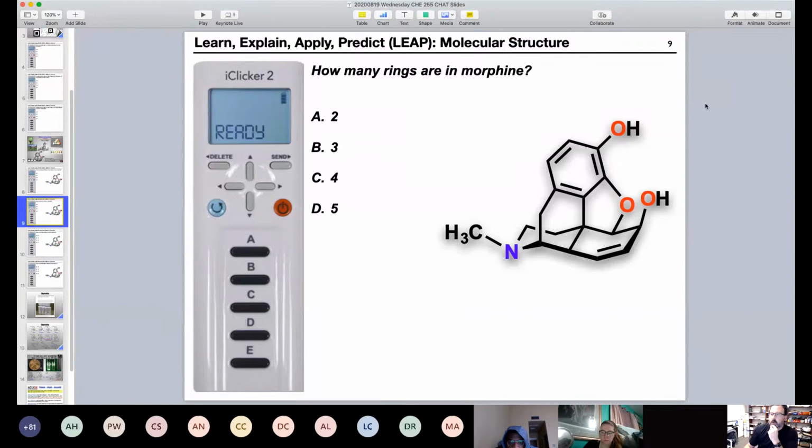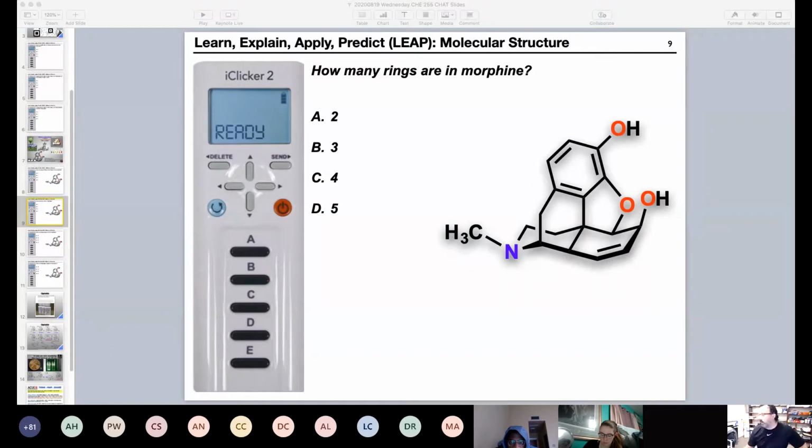Remember, we already mentioned that there are sigma bonds and pi bonds. I see a couple of answers show up. So basically, an sp3 hybridized carbon has 4 sigma bonds. Knowing that, are you going to revise your answer for what type of carbon atoms are in this benzene ring?